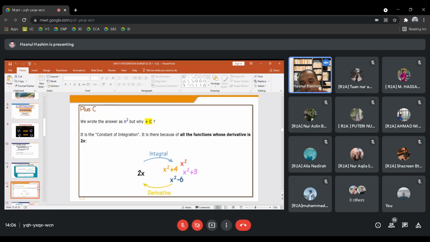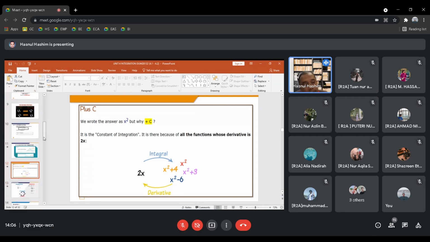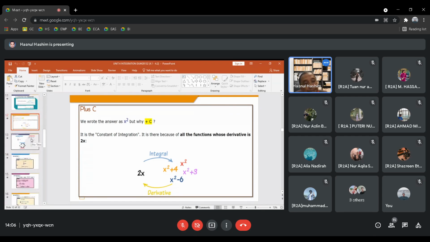We integrate 2x, we have x squared. We can also have x squared plus 4, x squared plus 3, or x squared minus 6, or x squared plus c, the constant. So that's how we got the constant. We cannot determine what is the constant if we don't have the original equation.